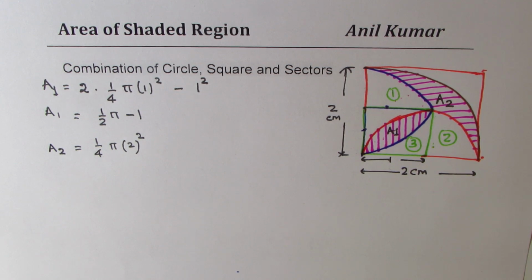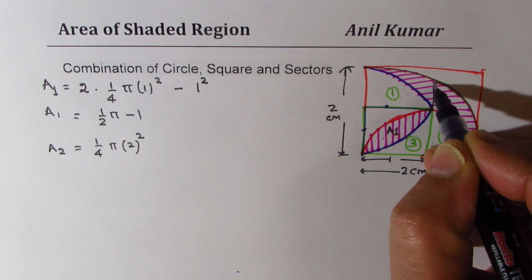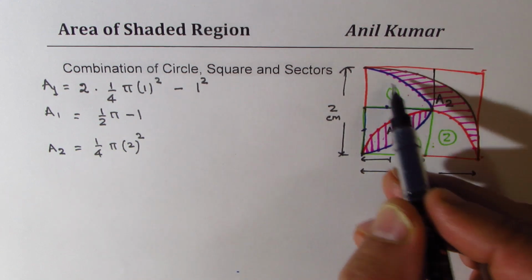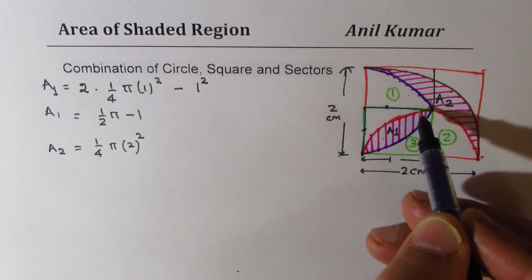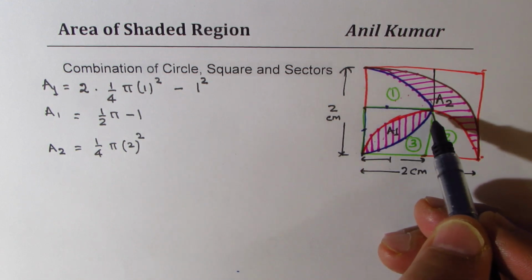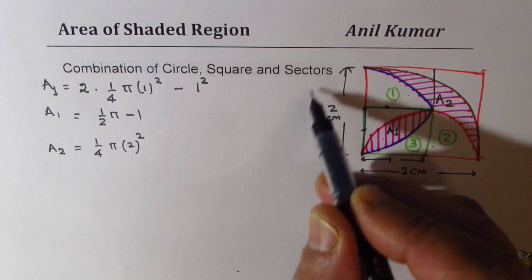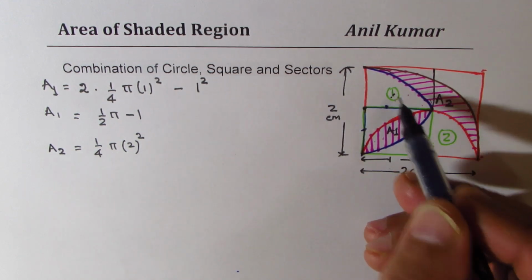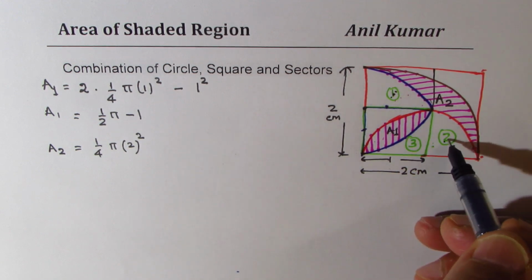So from here, what is this portion 1? You can think about this as 1 square, in which we have a quarter of a circle with 1 unit, right? And 2 is also the same, correct?